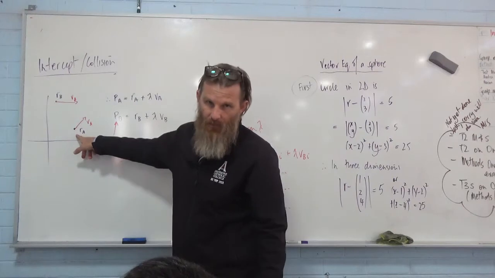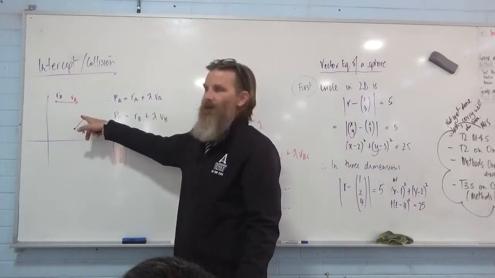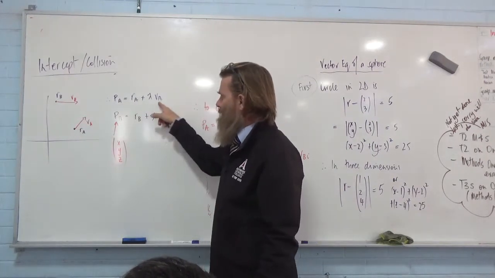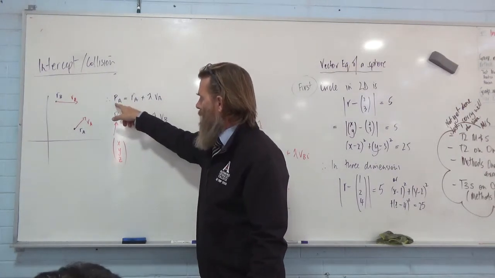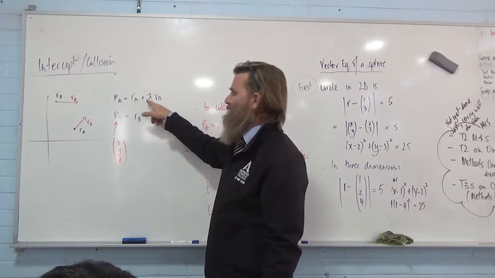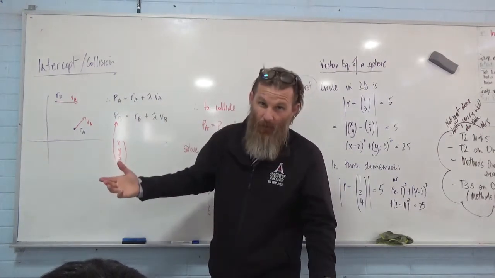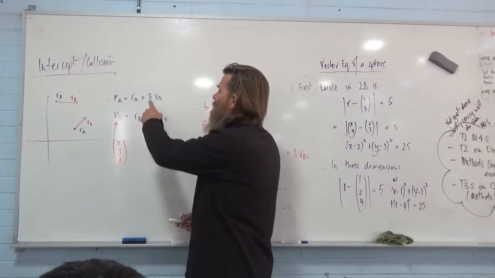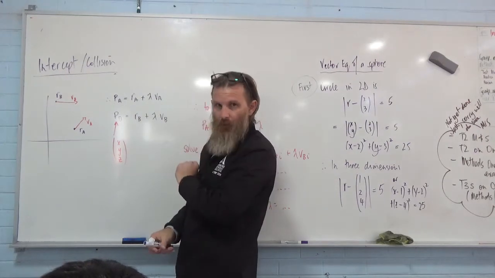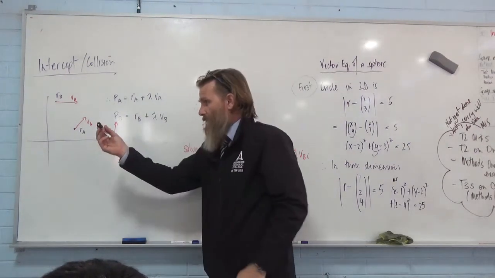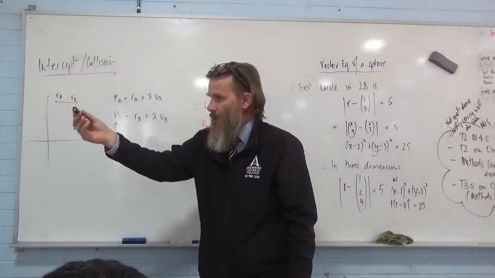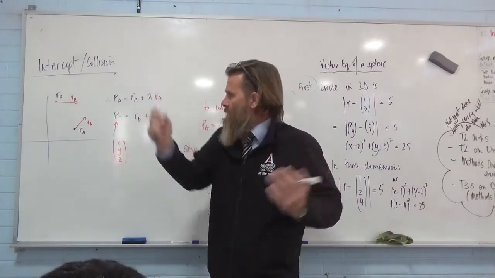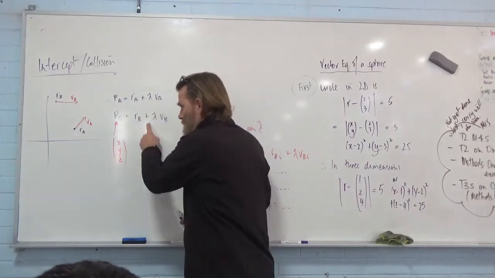R is the starting point of my particle. V is the velocity. Well, I can write this equation here. The particle A will be at any point, starting point, plus lambda, time really, but we usually use lambda, lots of velocity. That's really just saying start here, and you're heading in this direction. After 3 seconds you're here, after 5 seconds you're here. That's all that is. Same for the other one.